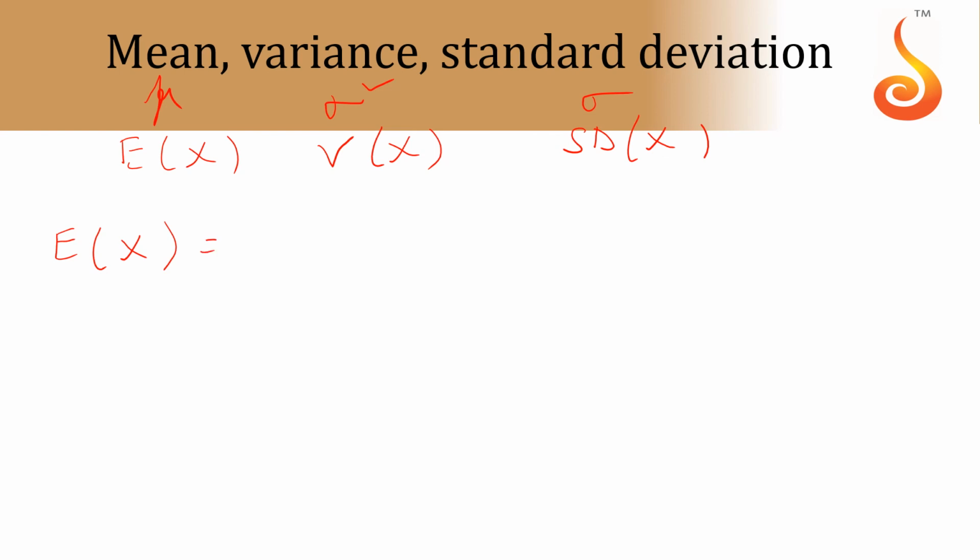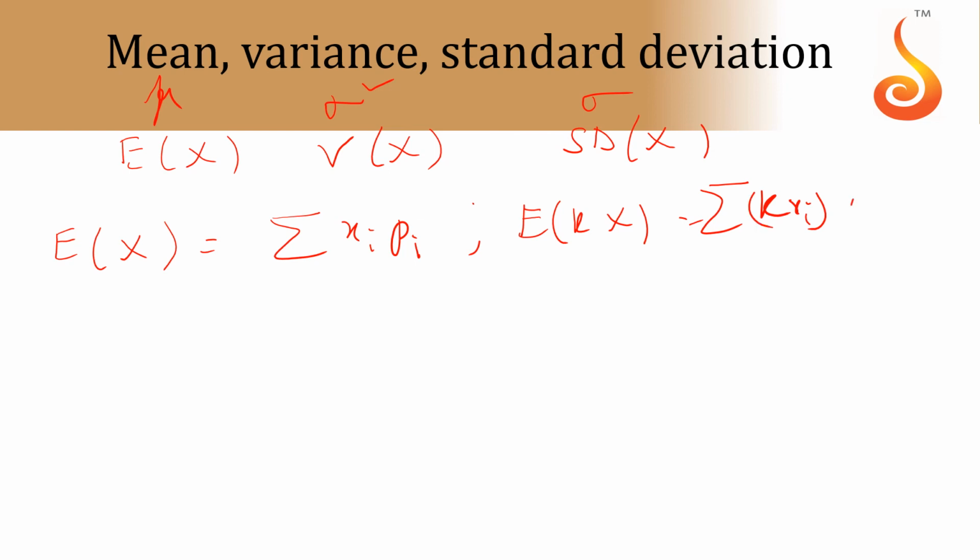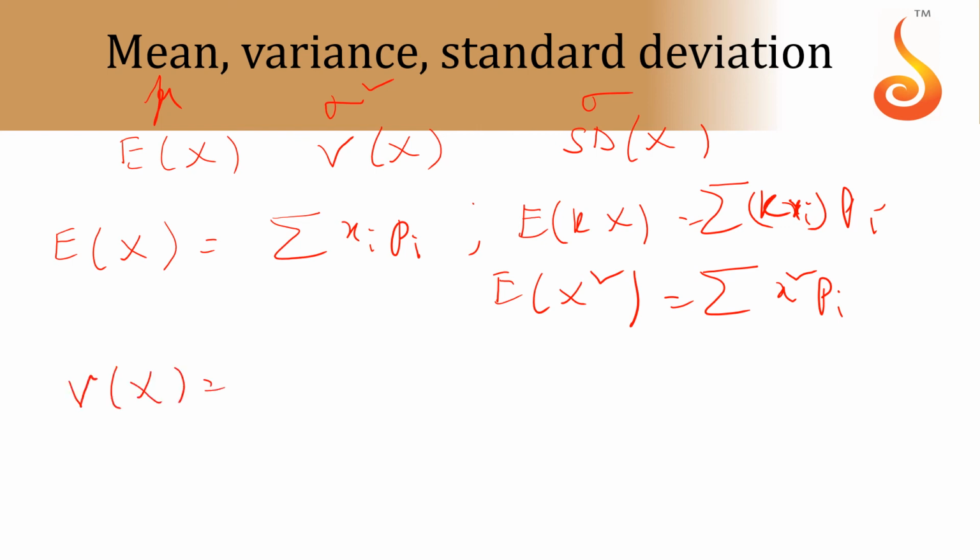Mean of x will be sigma xi pi. Suppose I ask the mean of kx, then sigma k xi into pi, that is the formula. Suppose I want the mean of x square, it should be sigma xi square into pi. So that is the meaning of mean. So what is variance?